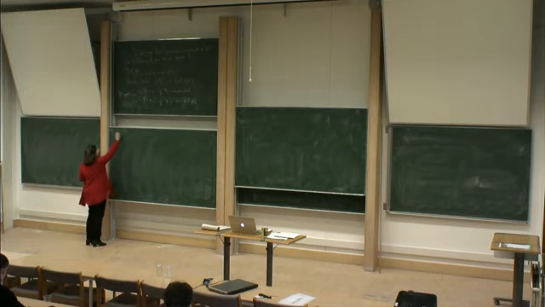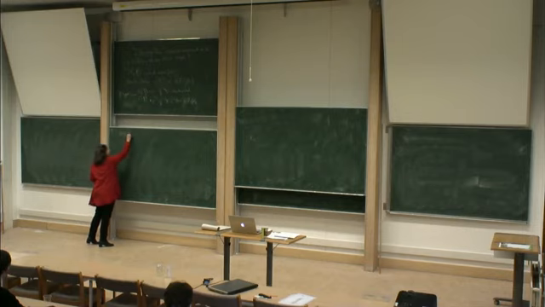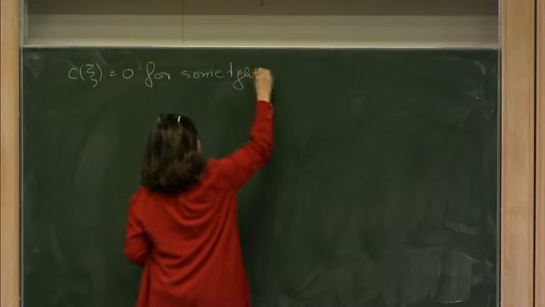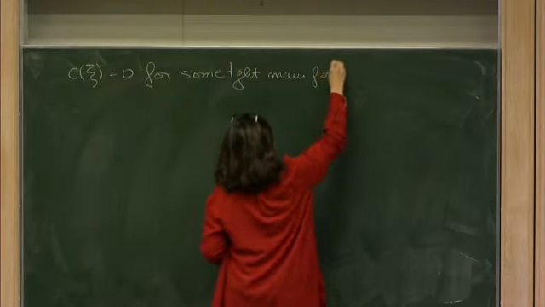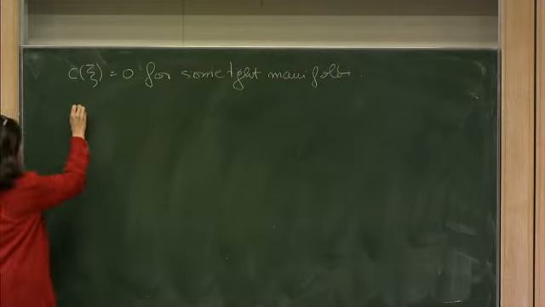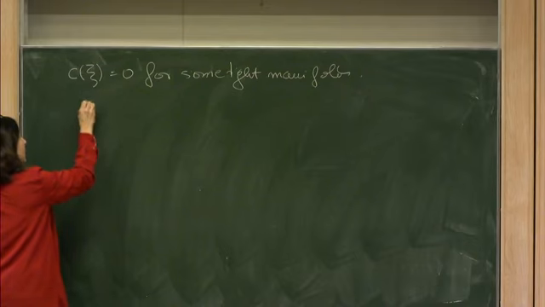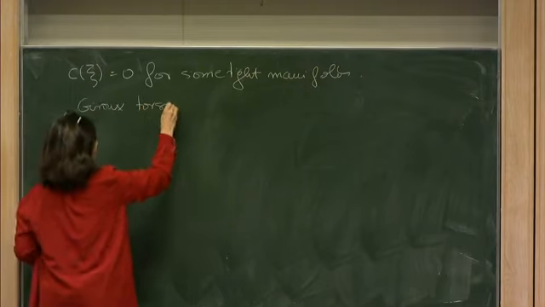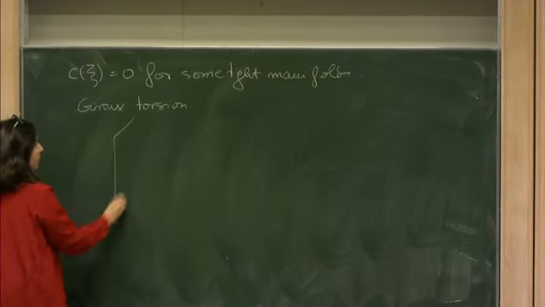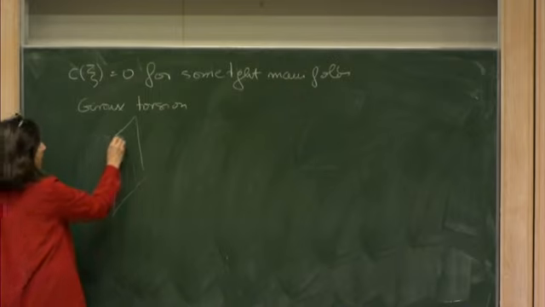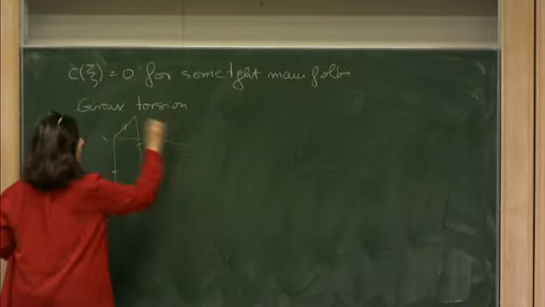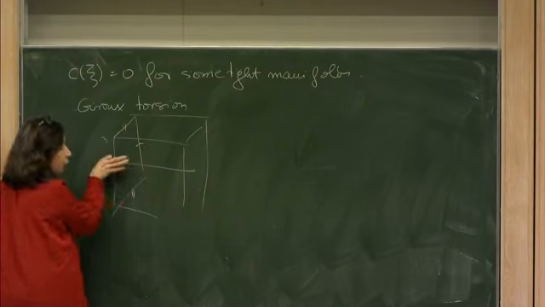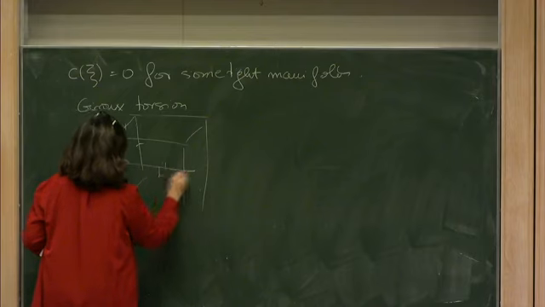The answer is, of course, that c of Xi is 0 for some tight manifolds. In particular, there is the notion of Giroux torsion, which means that inside the three-manifold there is an embedded torus which has a neighborhood in which the contact planes make a full twist going out from the neighborhood.